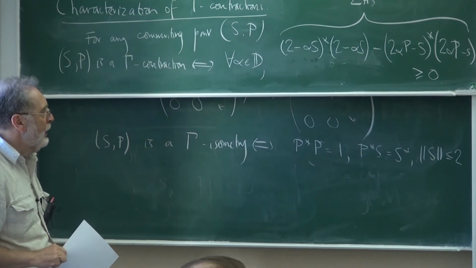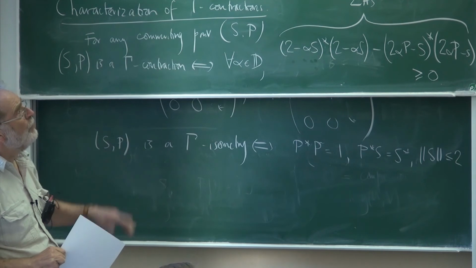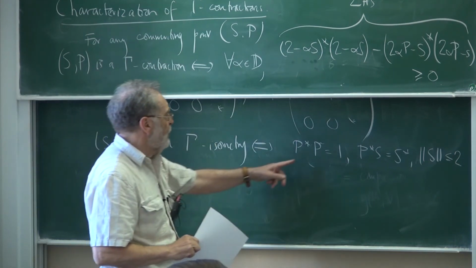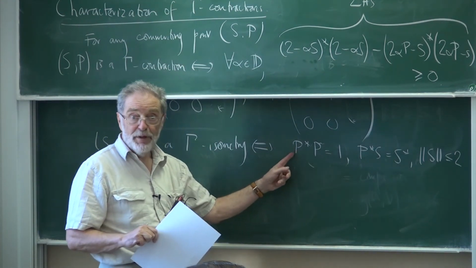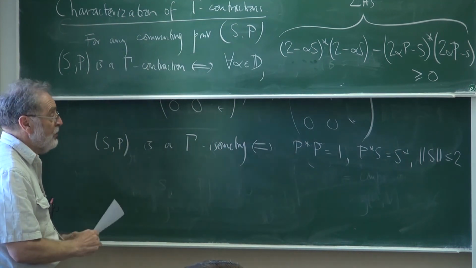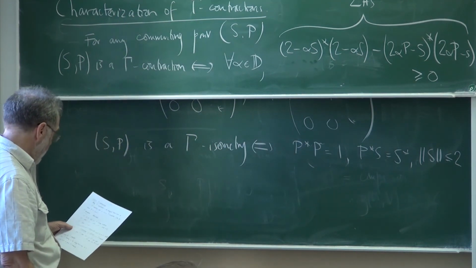So that's rather like the criterion for a gamma unitary, except that we've got P star P equals the identity, we don't have P P star equals the identity. So P is an isometry, not necessarily unitary.